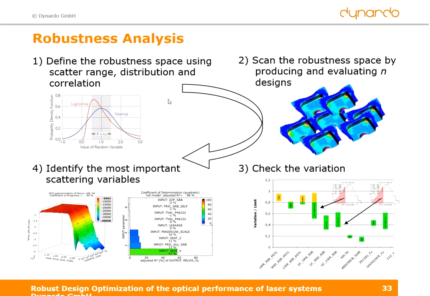Then, after that, you can scan the robustness space, and so you also produce and evaluate designs, like in the sensitivity analysis. And based on this data, you will check the variation of the response in order to find out if you exceed the limit that you fixed.